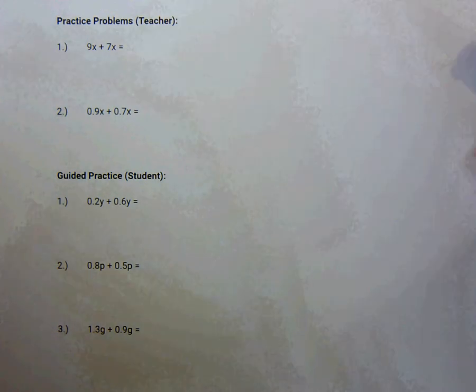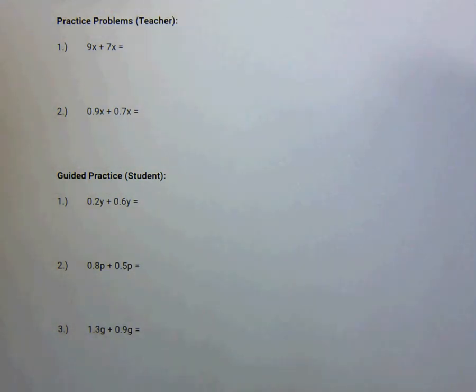Now, that letter isn't a letter for fun. It is a variable, which we'll get to a lot more later. Remember, a variable could be anything. It is a number. We don't know what number, but it represents an unknown value.